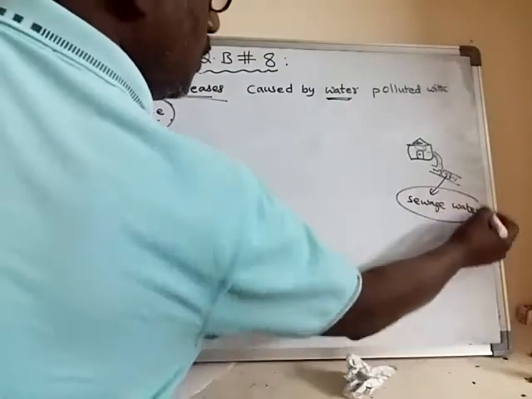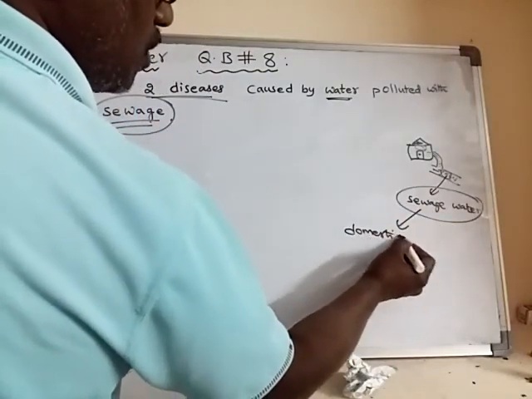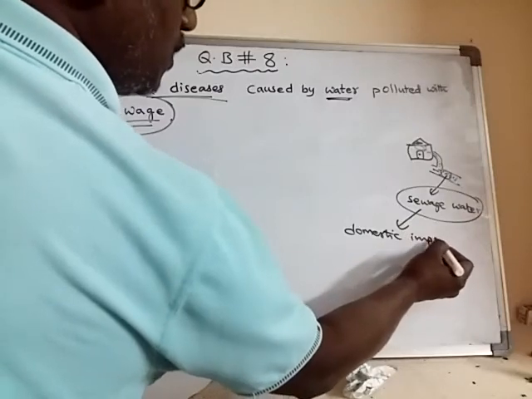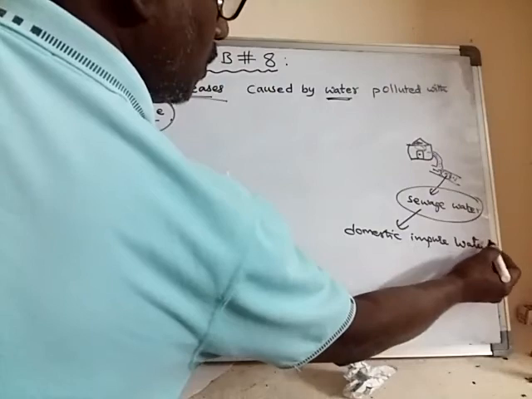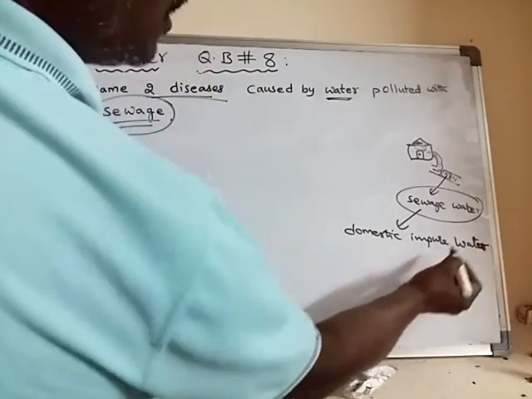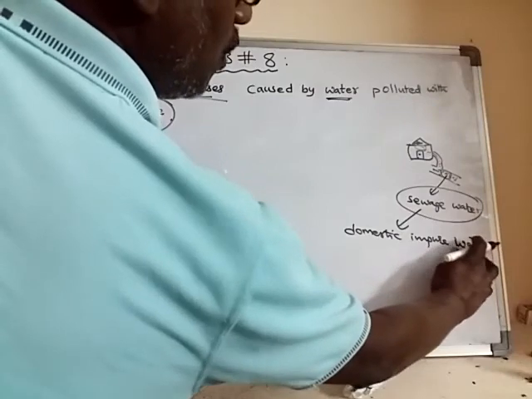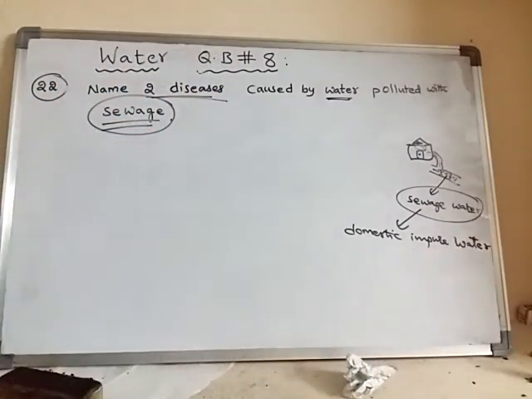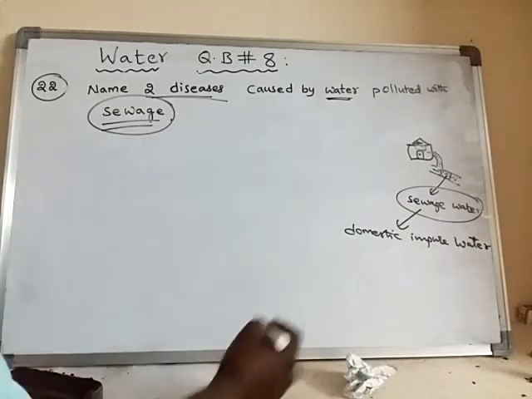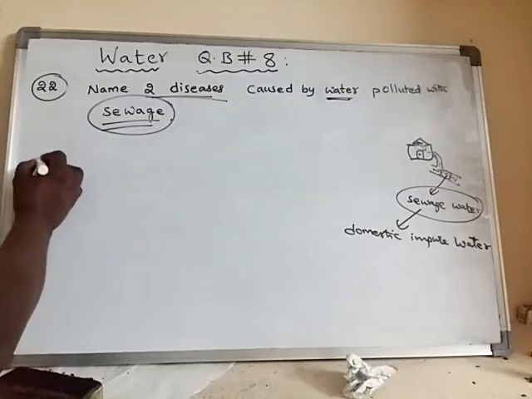Sewage water contains what? Domestic impurities. Sewage water is nothing but domestic impure water, that means the waste water coming out from the houses. It contains harmful organisms. So name two diseases.